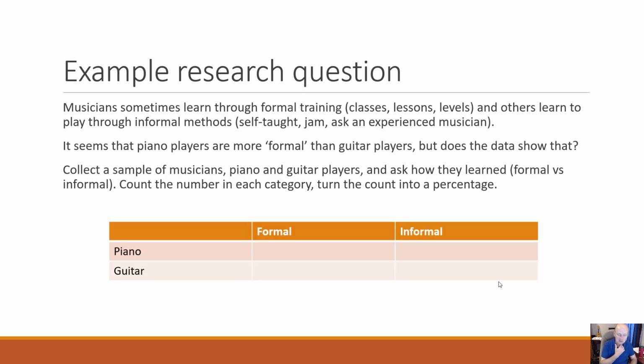So here's our example research question. So you might even fall into a category yourself. Maybe you've picked up a musical instrument or know someone who has. Sometimes you learn them through formal classes, lessons, progress through levels. Other times you find musicians who've just learned it themselves. They've taught themselves, or they've learned it by jamming with other musicians, or they just ask experienced people to show them a thing or two, and then they just pick it up and incorporate it into their own playing.